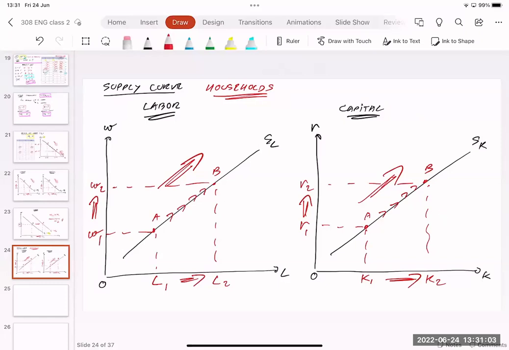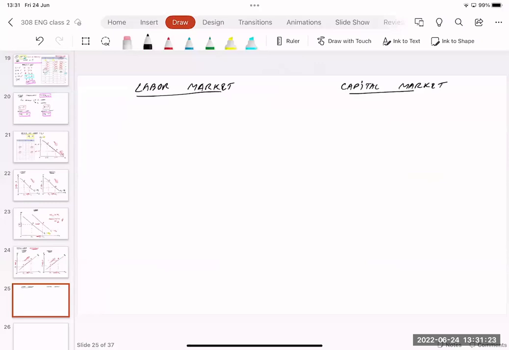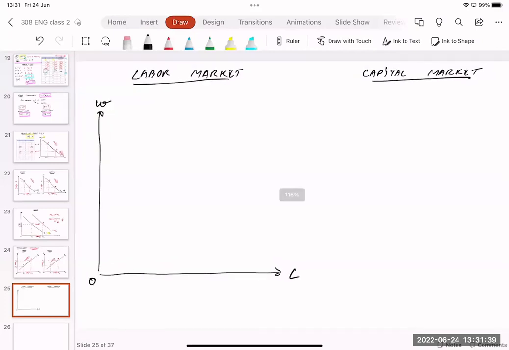Then we bring supply and demand together. In this slide, we can construct the labor market and the capital market. In the labor market, the horizontal axis is L for labor, and the vertical axis is small w for the real wage.